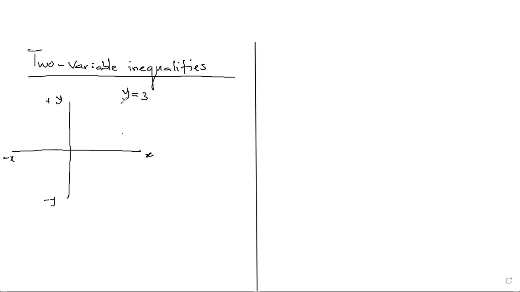So this line y equals 3 is a line that passes through y equals 3. So it's going to be a horizontal line. So you go to y equals 3 and you draw a horizontal line that passes through 3. So this line is y equals 3.